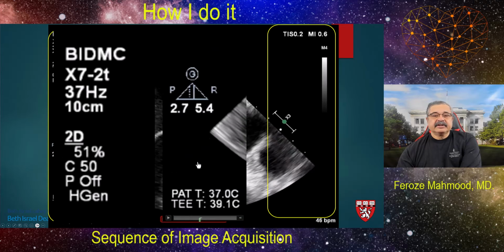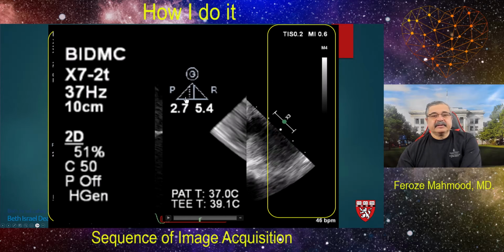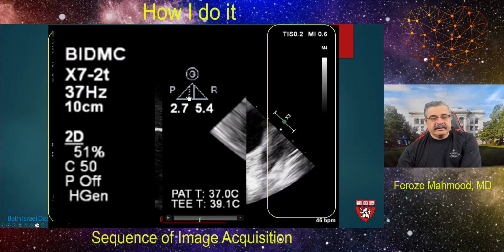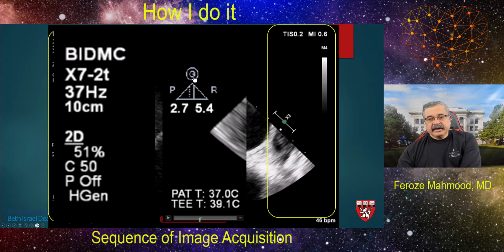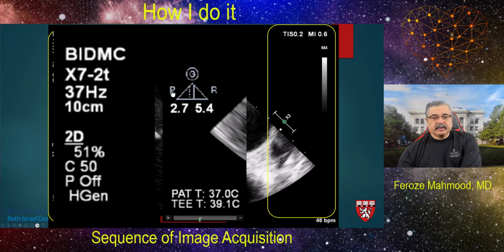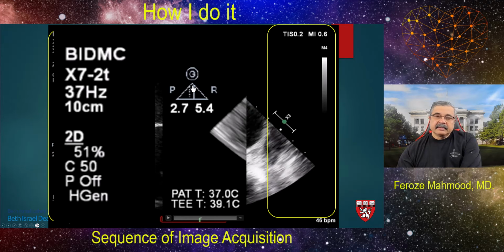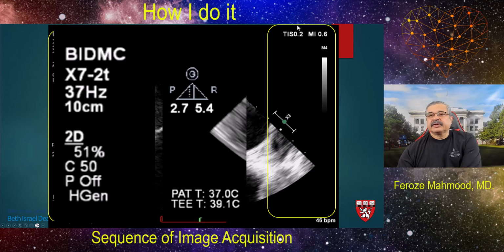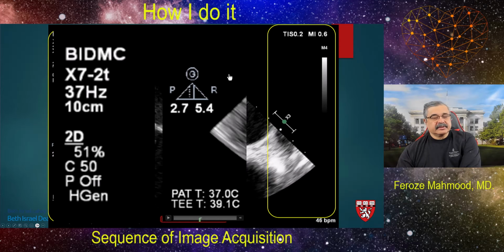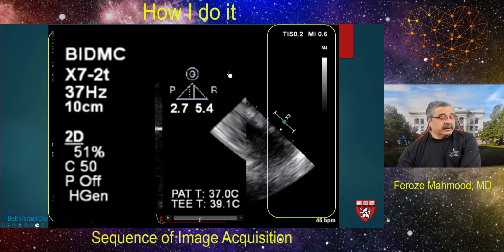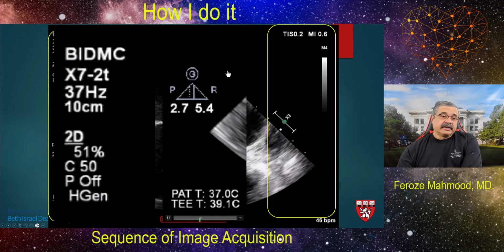This specifically shows the settings of the machine, for example, and this demonstrates that we are using harmonics. We are in general imaging mode, optimized for both penetration as well as resolution, and we are looking at the middle range of the frequency, and this shows the patient exposure to ultrasound. So these are a few of the most important things to look at before you start the examination.